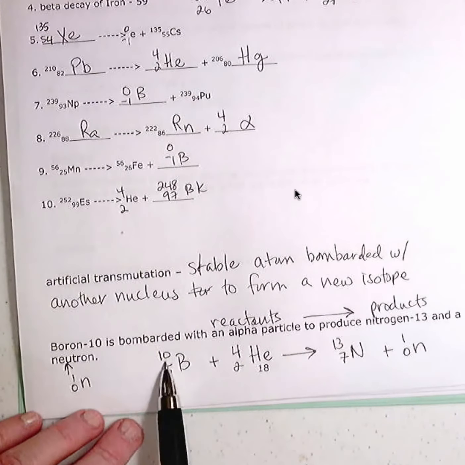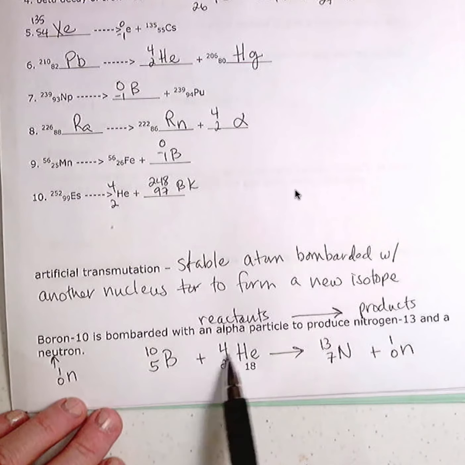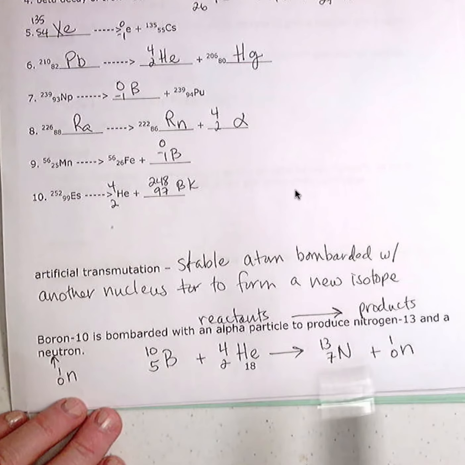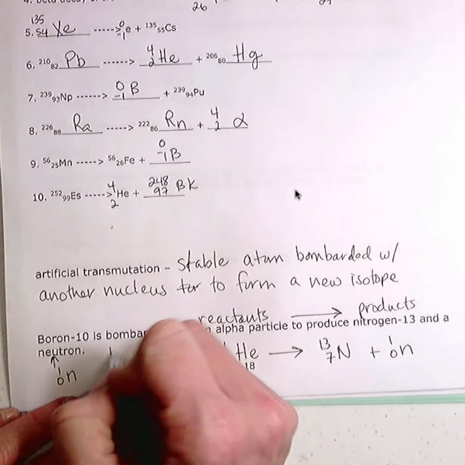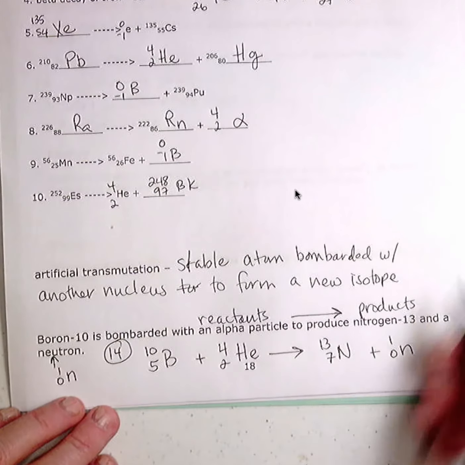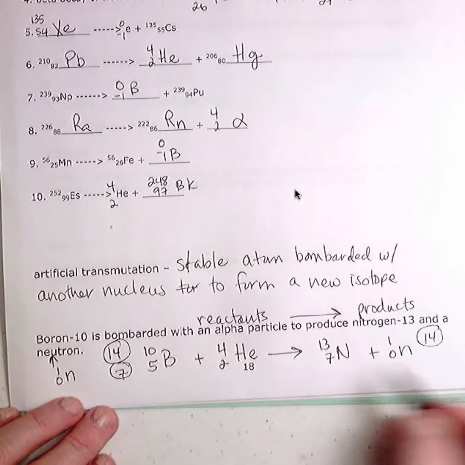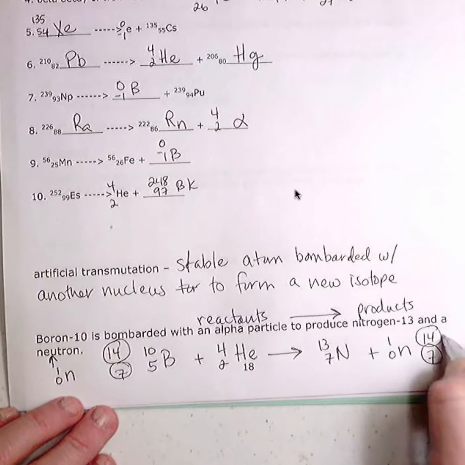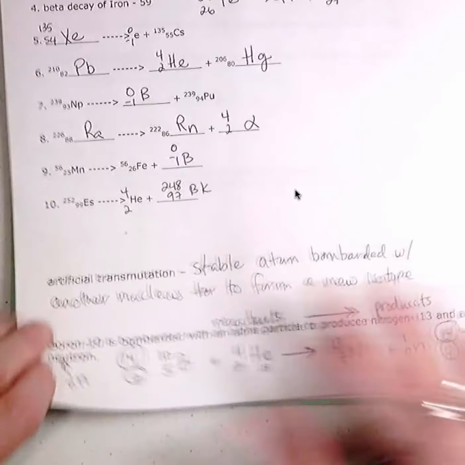Just as before with alpha and beta decay, the sum of the mass numbers on the left should equal the sum of the mass numbers on the right. So 10 plus 4 gives you 14. 13 plus 1 gives you 14. 5 plus 2 gives you 7. 7 plus 0 gives you 7. So this checks out. This is an example of artificial transmutation.